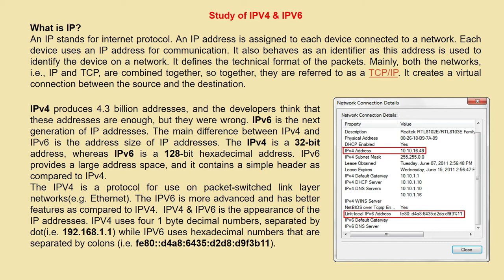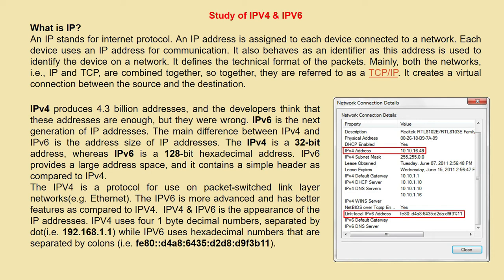IPv4 is a protocol for use on packet-switched link layer networks, for example Ethernet. IPv6 is more advanced and has better features as compared to IPv4. Another difference is the appearance of the IP addresses.